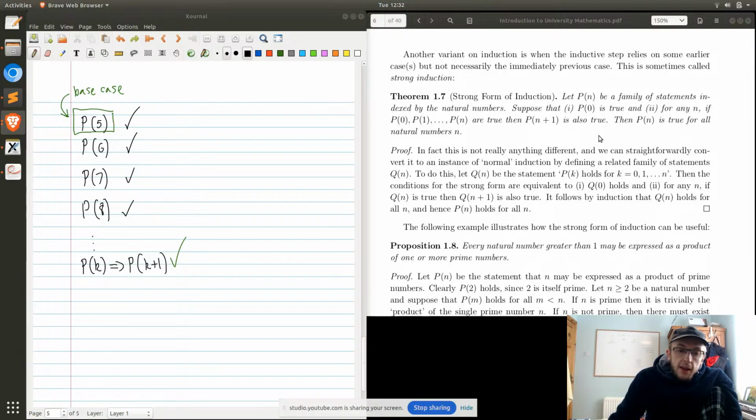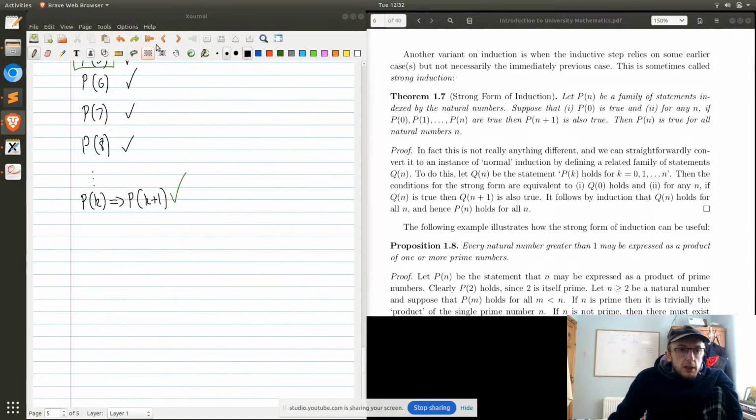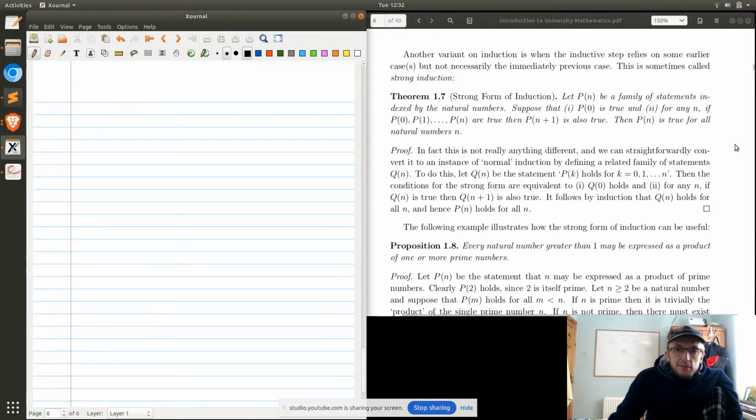So what is this saying? This is really saying something along these lines. First, you're going to suppose that P of 0 is true.